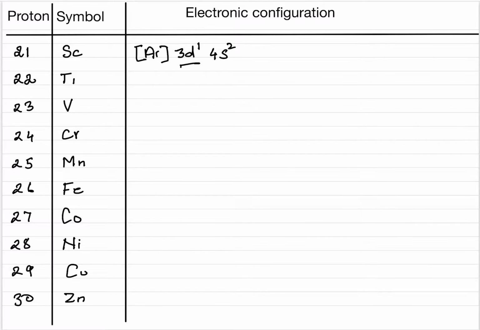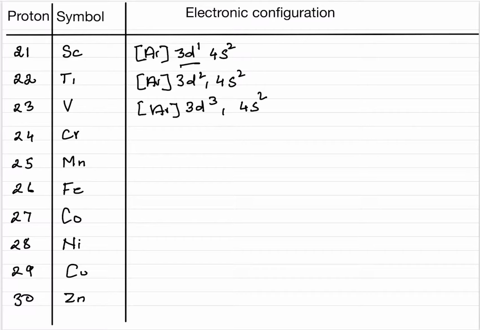Here again, we can enclose argon in a square bracket and then write 3d2 and 4s2. So argon is 18, 19, 20, 21, 22. Let's move on to vanadium. Vanadium is 23. So let's put argon over there and then 3d3 and 4s2. So 18, 19, 20, 21, 22, 23.